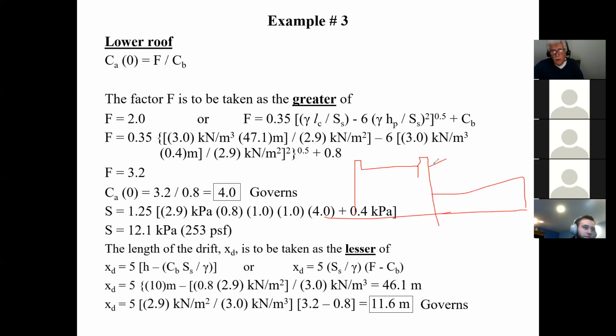I calculated the maximum value here based on this equation, and then I calculated how far that is going to drift away. We calculated that to be 11.6 meters. And then the snow becomes, again, uniform for the rest of the roof. So this uniform here is the same as up here. All I did now is calculate the value that it can eventually be.